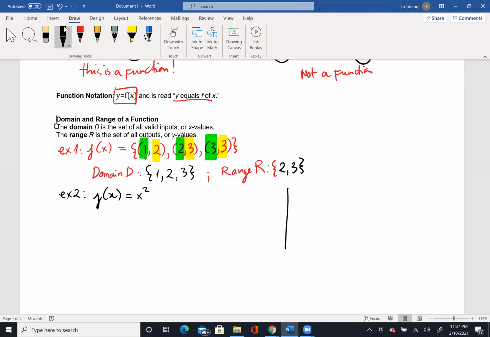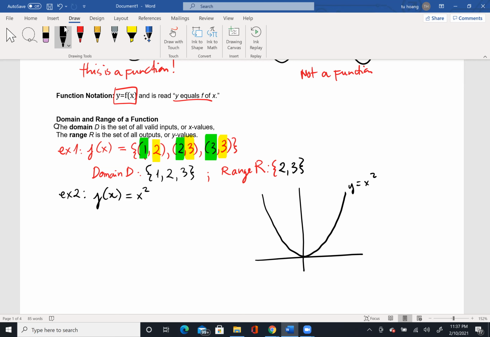So if you take a look at the graph of x squared, we try to graph it, it's going to look like this. Okay, it is a parabola, y equals x squared, right?